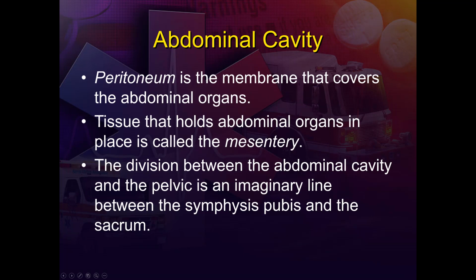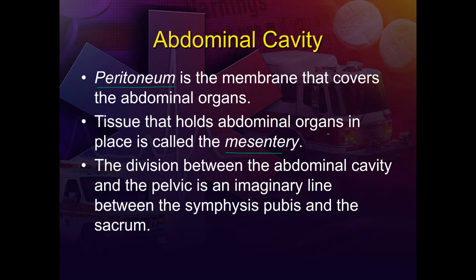The abdominal cavity also uses the terms visceral and parietal, but we modify it to meet the abdominal cavity's membrane, which is the peritoneum. The peritoneum is going to cover the abdominal organs and the inside of the abdomen. But really, we have another layer, and that's called the mesentery. The mesentery is going to be on top of all of the abdominal organs, like the colon, the small intestine, and other various organs in the abdomen.